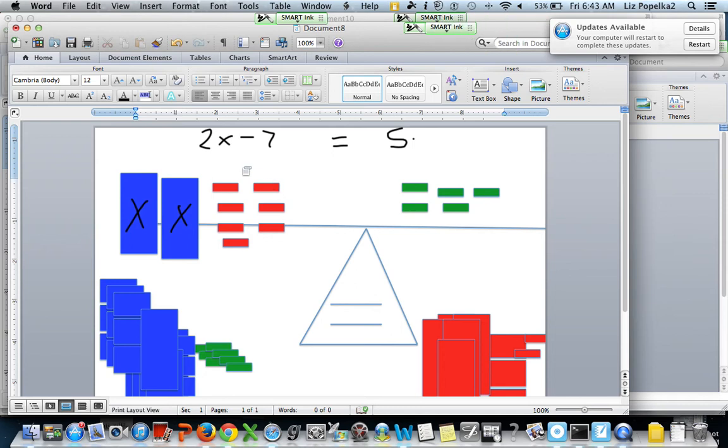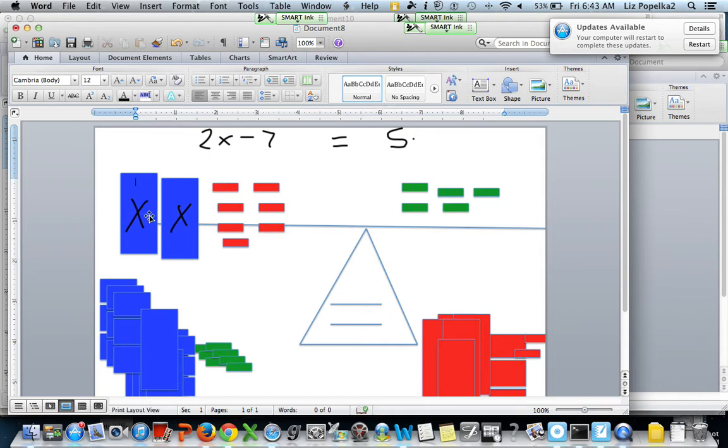So I've built my model of 2x minus 7 is equal to 5. As you are making the model, you should also be doing this part on paper. So please make sure that you have on a piece of paper 2x minus 7 is equal to 5. And as we're taking steps to solve this problem, you should be writing down the steps.